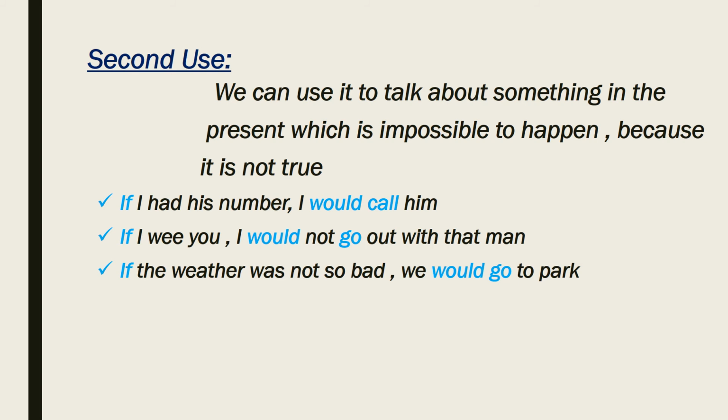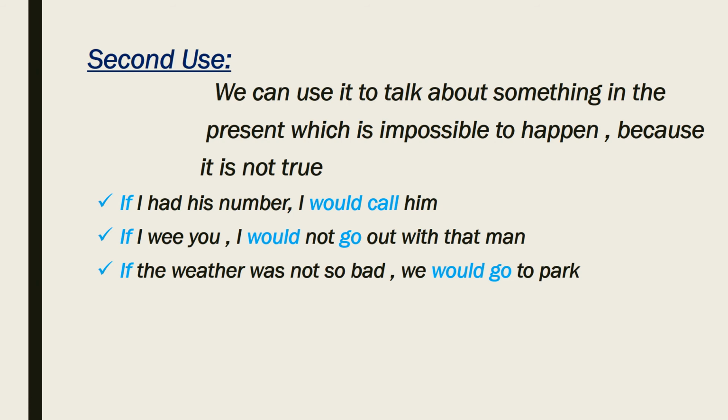If I had his number, it means currently I don't. I would call him. If I had his number, he is talking about now. But now I don't have his number, so therefore I can't call him.